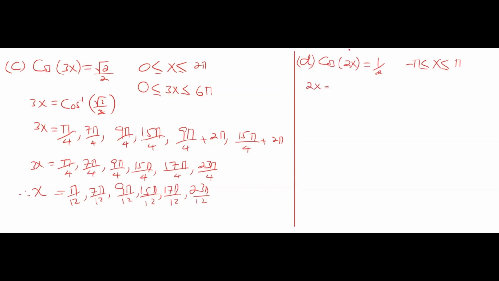The negative domain is basically going in the clockwise direction, as well as the anti-clockwise direction. So that means, well, cosine of half is pi on 3. And also we know that cosine is positive in the first quadrant and the fourth. So that means 5 pi on 3.